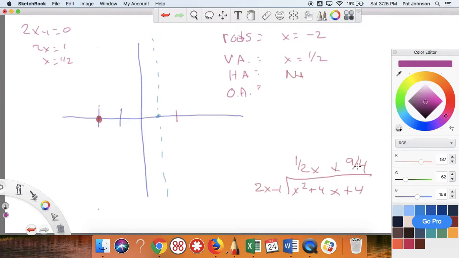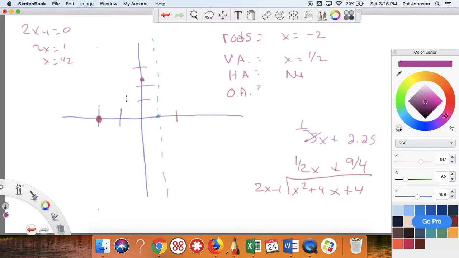So how do we do this? So this is 2.25, and this is 0.5x. Okay, so we're going to go 1, 2, 3, so 2.25. And then we're going to keep this at 1/2.